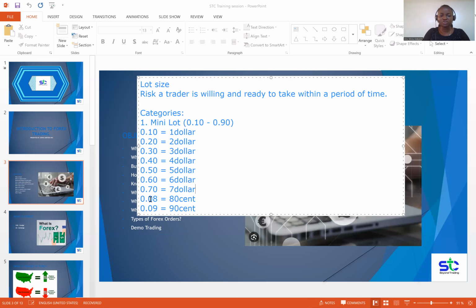If you decide to use 0.8, every pip's movement is $8. If you decide to use 0.9, every pip's movement is $9.